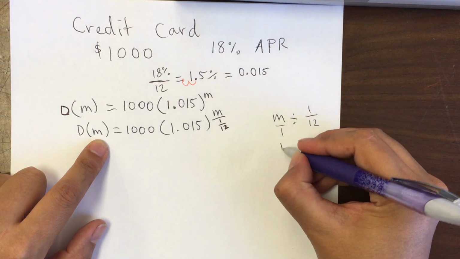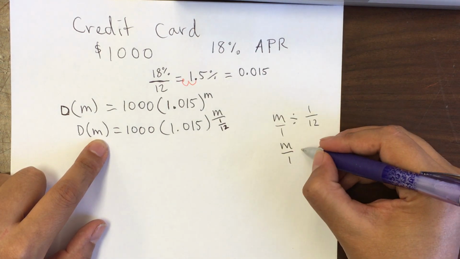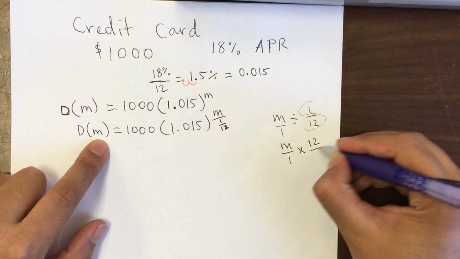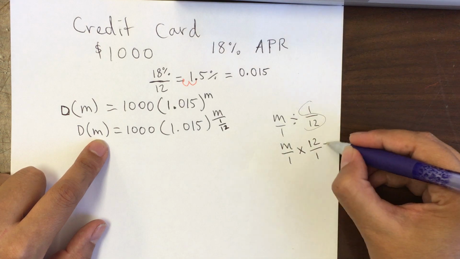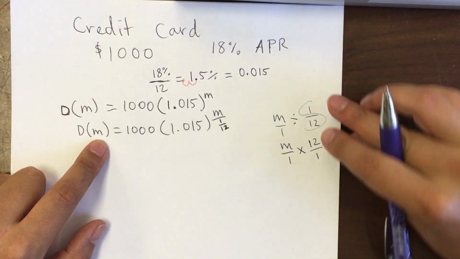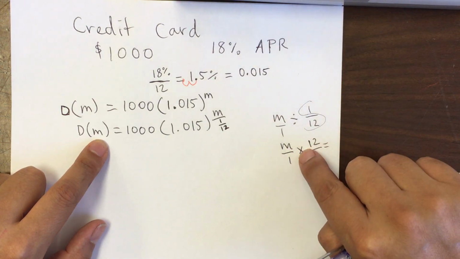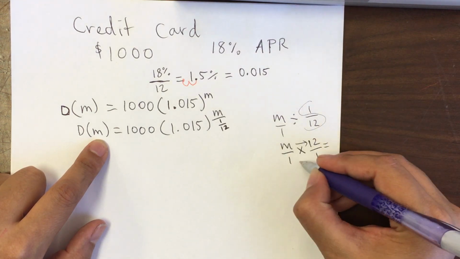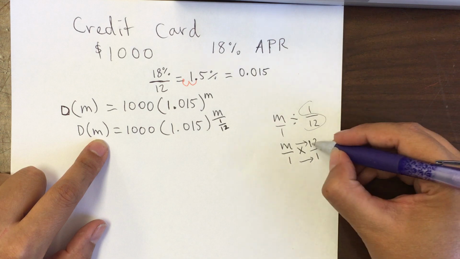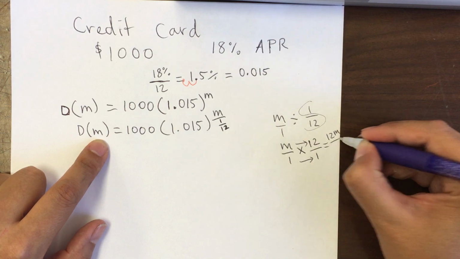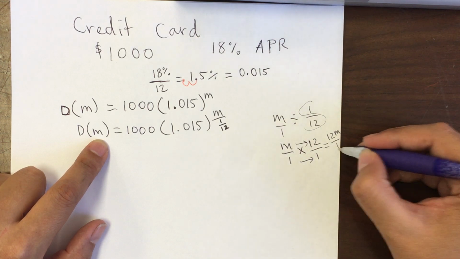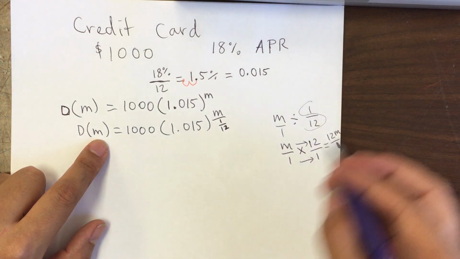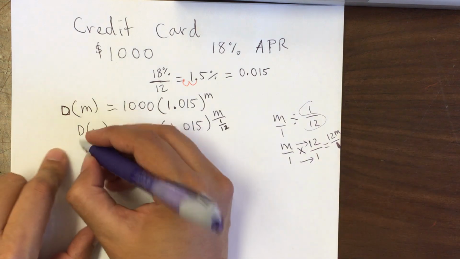Another way that they do it when we divide fractions is to make it into a multiplication and use the reciprocal of this. For those who know how to do it this way, this becomes multiplication, this becomes the reciprocal, and we just multiply straight. So 12 times M is 12M, 1 times 1 is 1, which we never put as a denominator, and so it's just 12M.